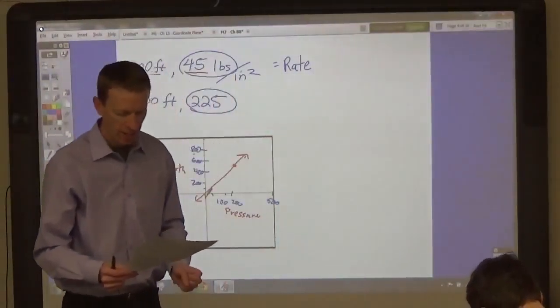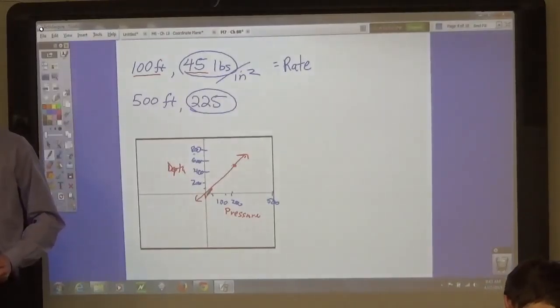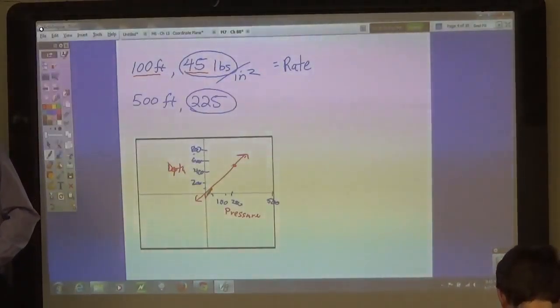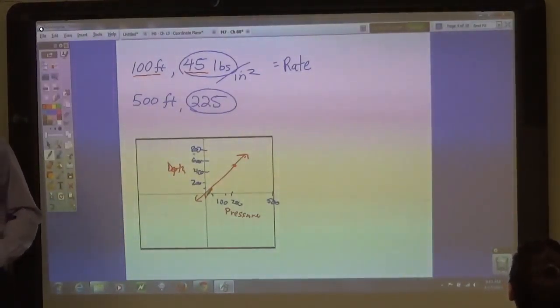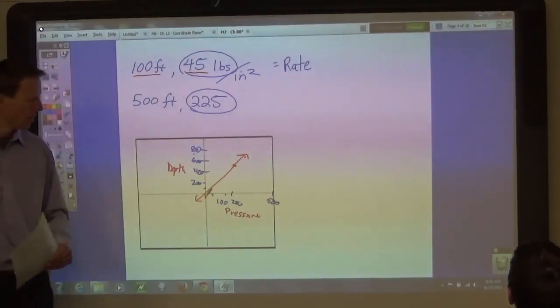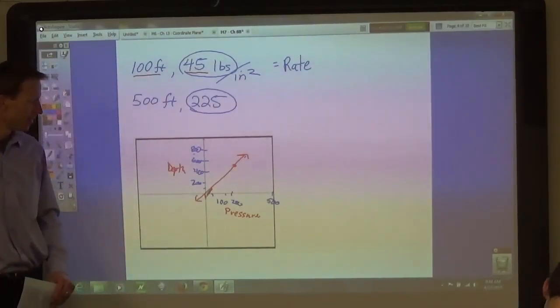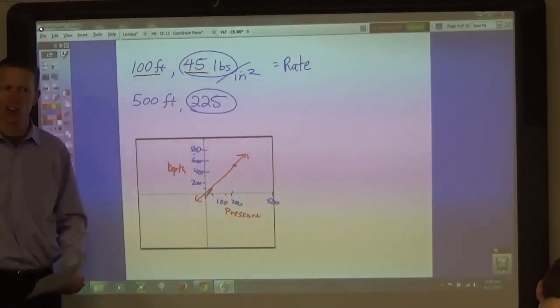Now, draw a trend line. Write an equation for the trend line. Where does this cross the y-axis then? Yeah, 0, right? Maybe a little above 0. 0 or 1.